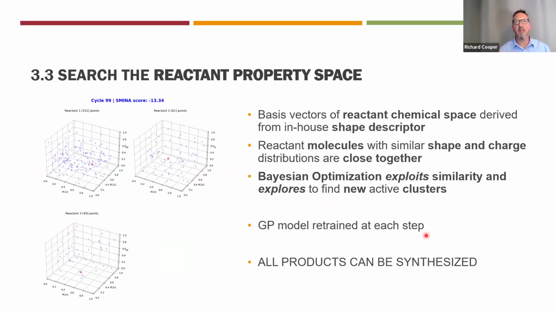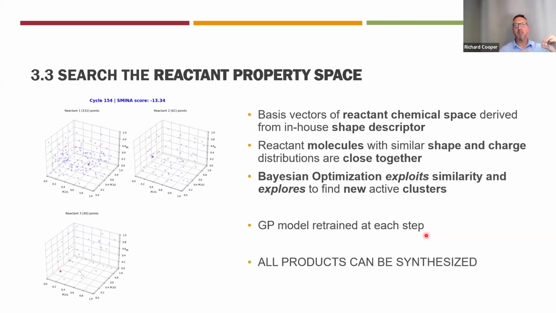The important property of that space is that reactant molecules with similar shape and charge distributions are close together, which means that if you move not very far, then you'll end up with a molecule that, as a reactant, has quite similar properties. Then we use Bayesian optimization to exploit that similarity.